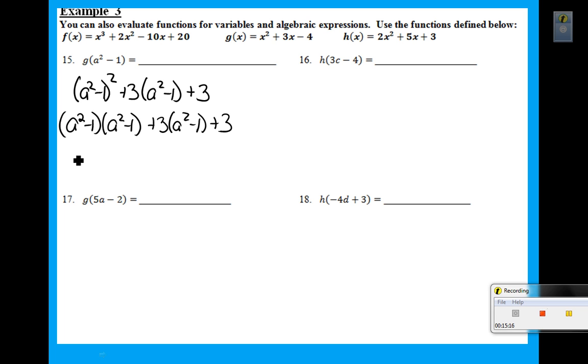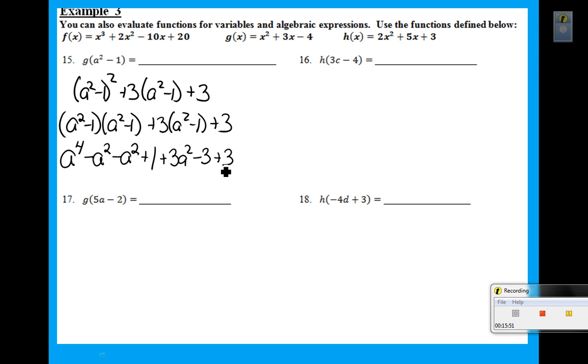A squared times a squared is a to the add your exponents is 4. A squared times negative 1, I'm going to get minus a squared minus another a squared. And then negative 1 times negative 1 is positive 1. Let's distribute that 3, so I got plus 3a squared minus 3 plus 3.